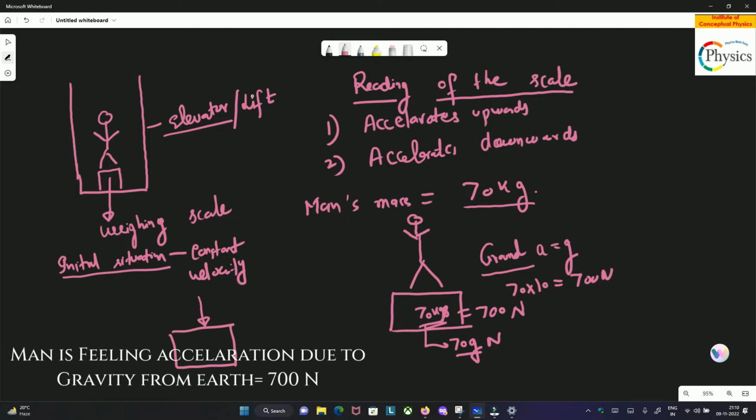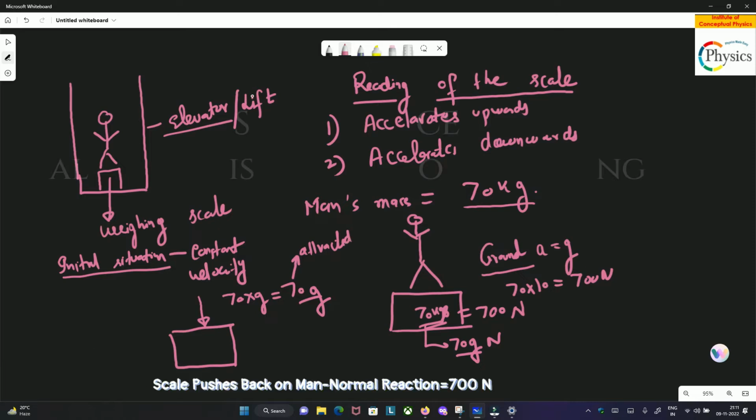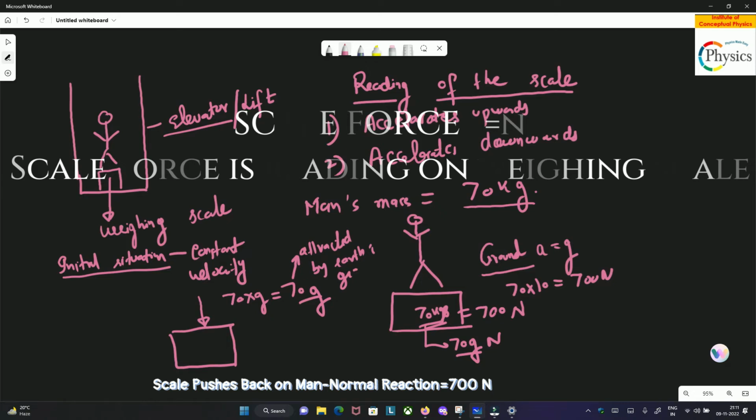So now I've drawn an arrow which shows the force being exerted on the weighing scale by the man, right? This is 70 into 10, 700 newtons. So you know what the force on the weighing scale is. Now what happens if the scale experiences a force?